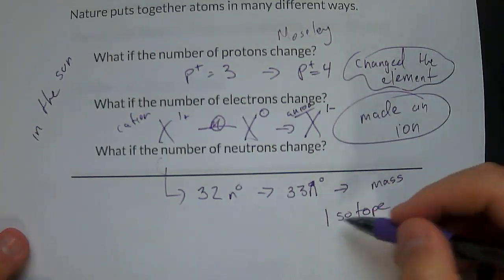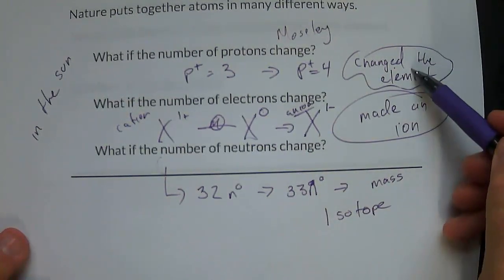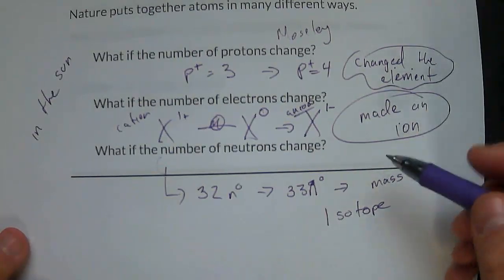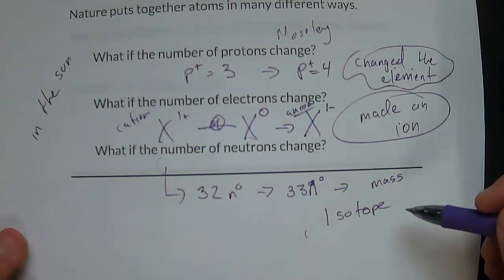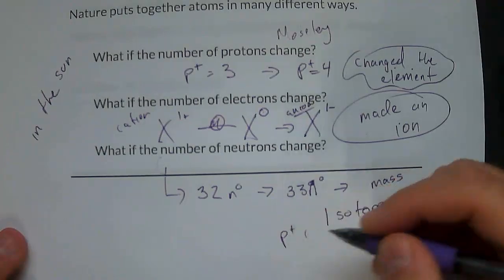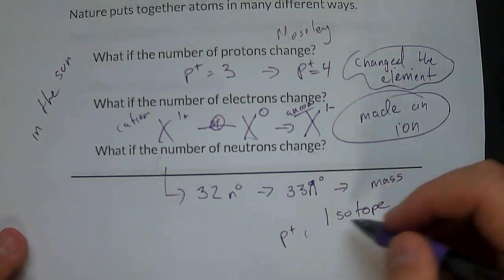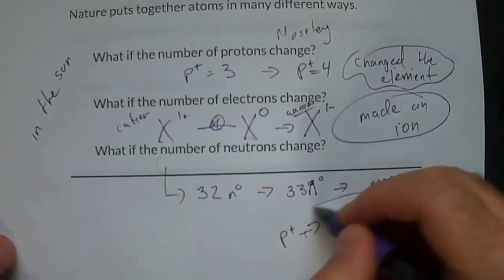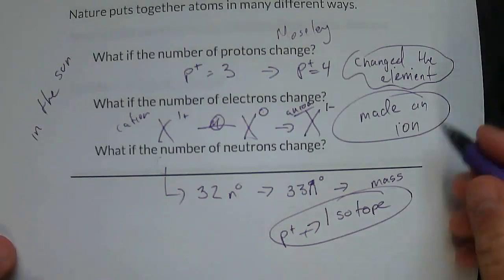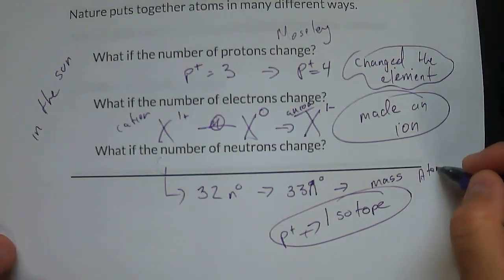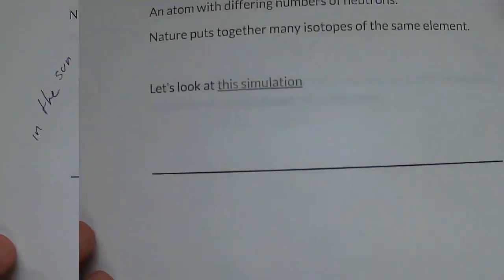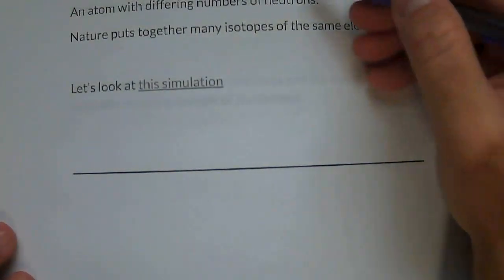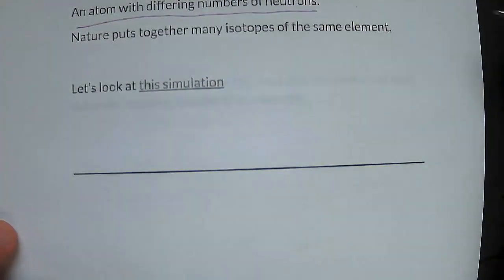Isotopes are the same element. They may be ions, maybe not, but isotopes have the same number of protons with different numbers of neutrons. Isotopes. So this is what we're going to talk about when we talk about atomic mass. So an isotope here is what I just said it was.